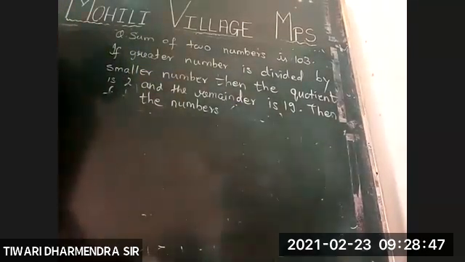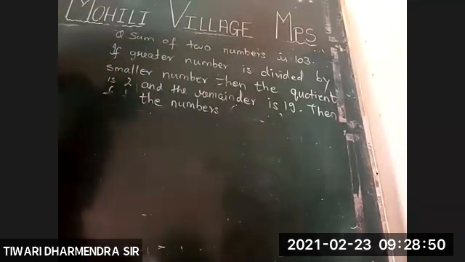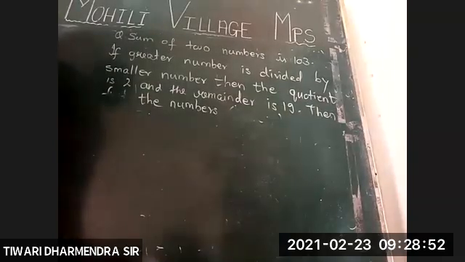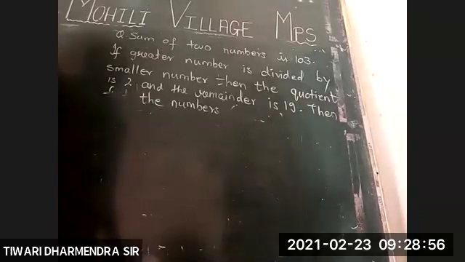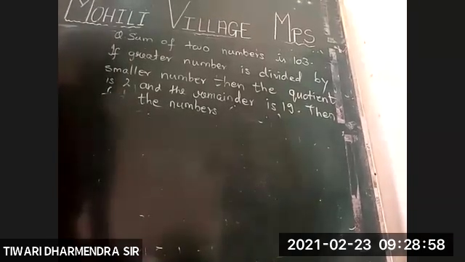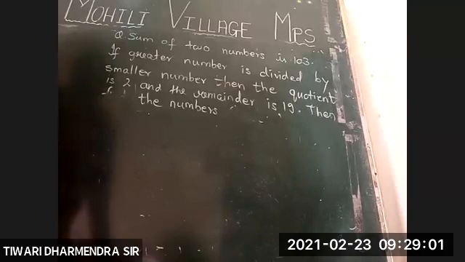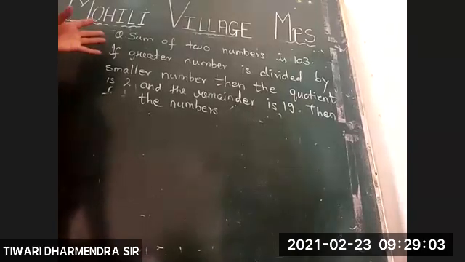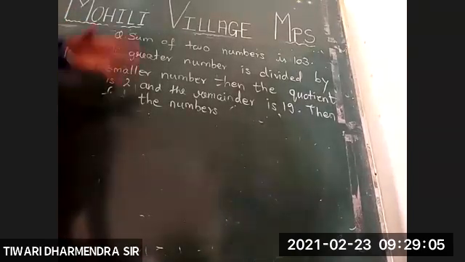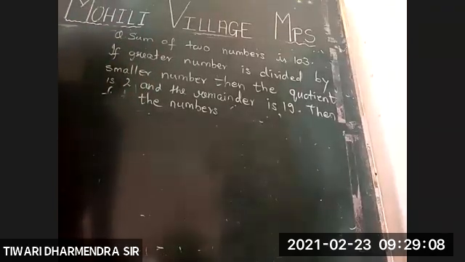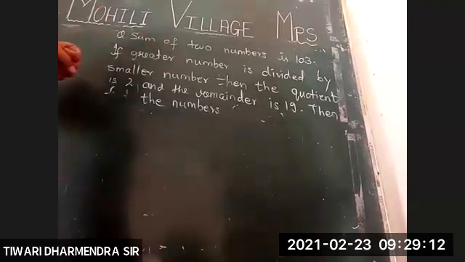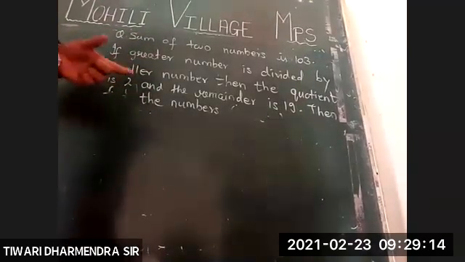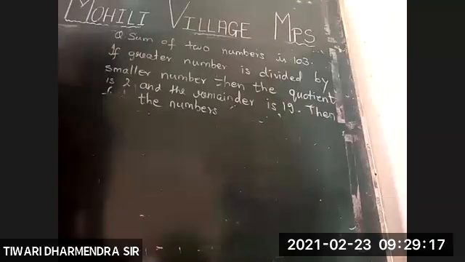As we have observed, only assigning the variables x and y will not do. We have to assume one variable to be greater and another to be smaller. Assigning the proper variable with proper understanding is very important.